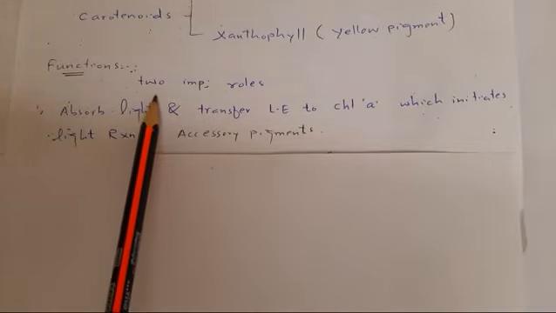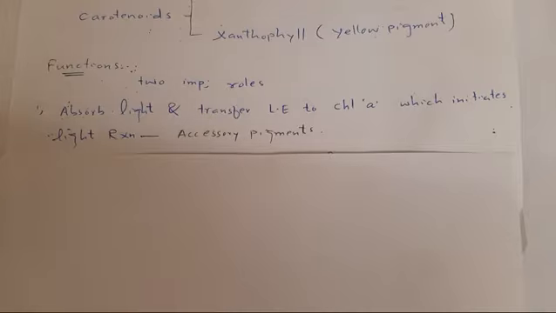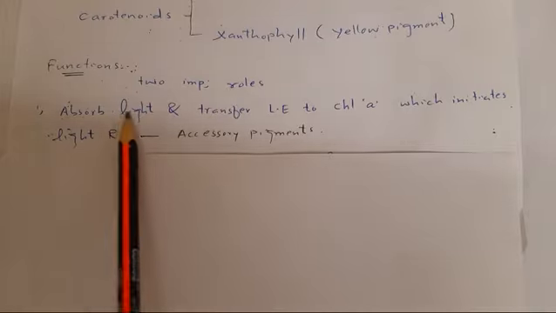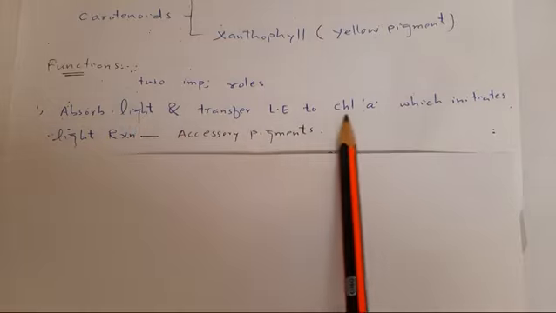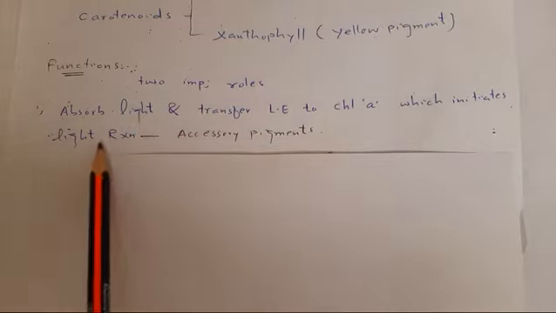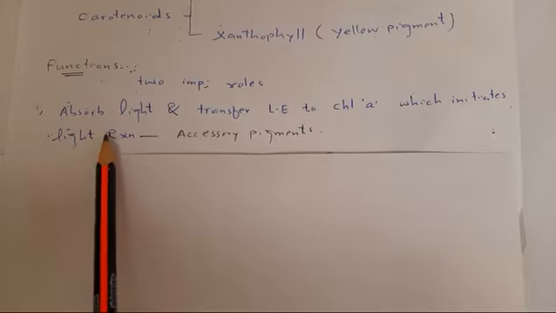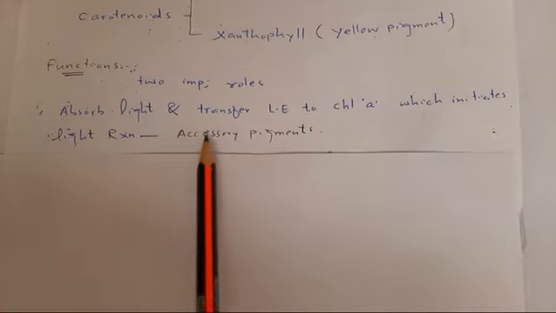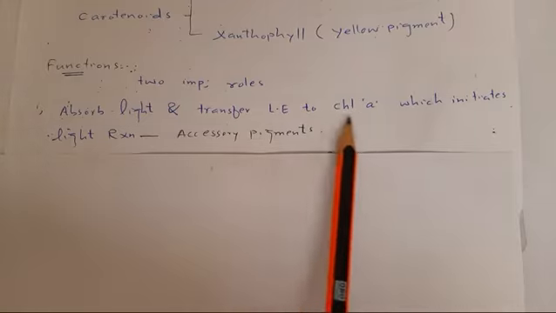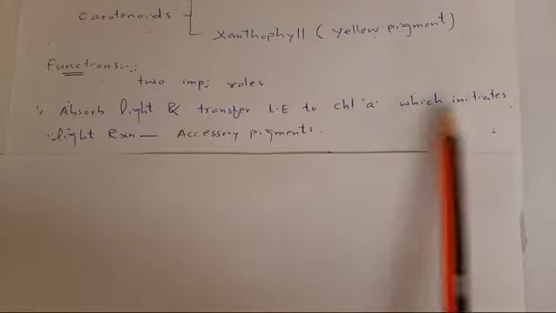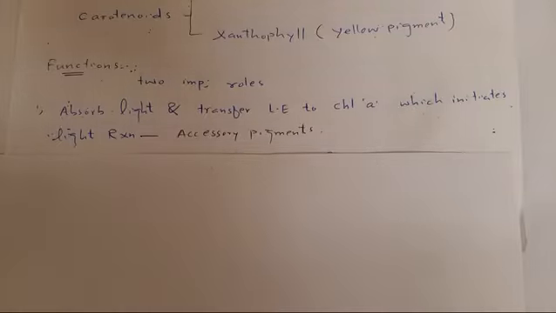Carotenoids play two important roles. The first is that they absorb light and transfer light energy to chlorophyll A, which initiates the light reaction, the first step of photosynthesis. Therefore, carotenoids are also known as accessory pigments or helping pigments.